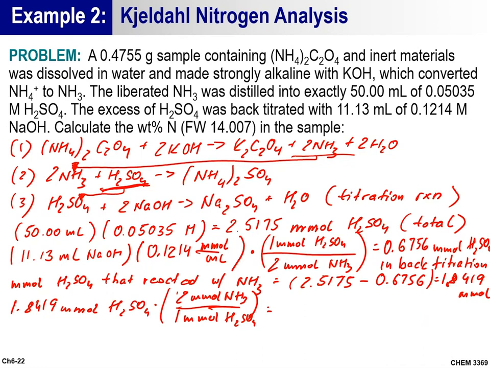Okay, so the moles of NH3 will be 3.6838 millimoles of NH3. Okay.